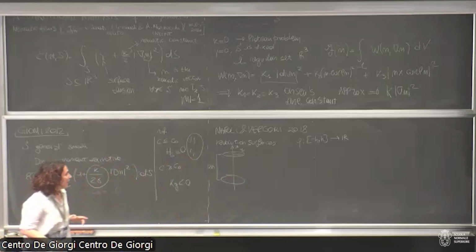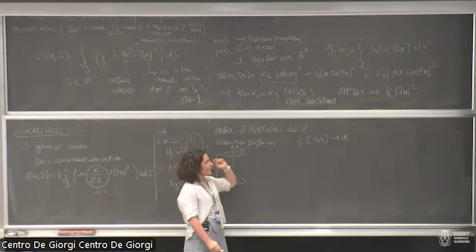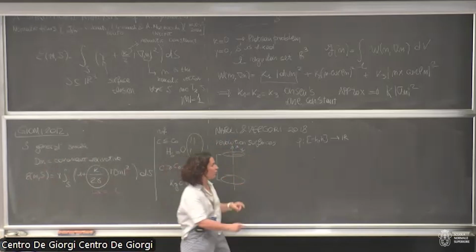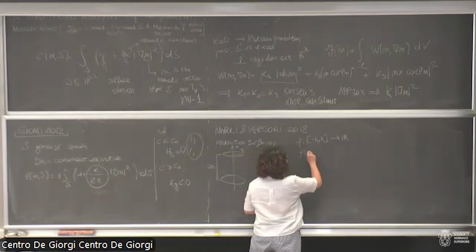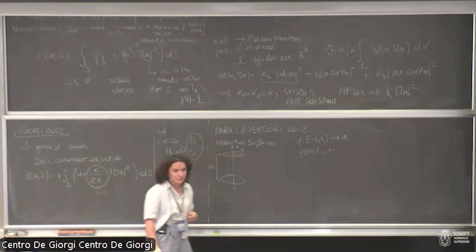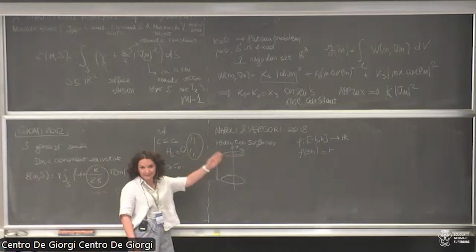They consider a surface of revolution with a suitable boundary condition. They require that rho, the function at plus and minus h, must be equal to r. So such a surface must span these two coaxial rings.